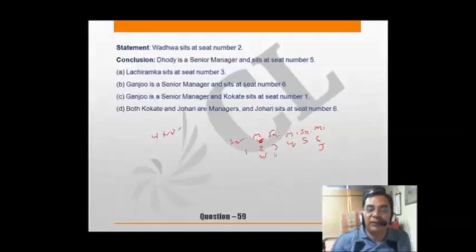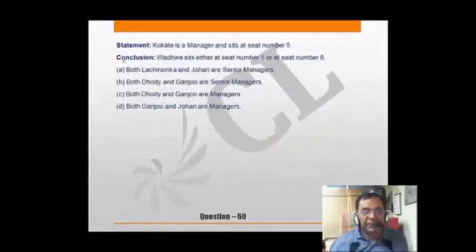Now because Vadhva is sitting here, Dhodhi cannot come here. So Dhodhi has to be here. By using this I could deduce this is correct. So therefore 4 becomes the answer.